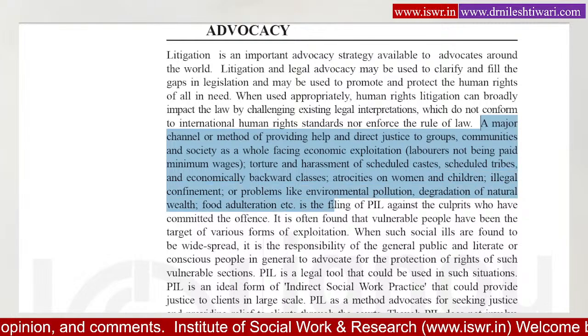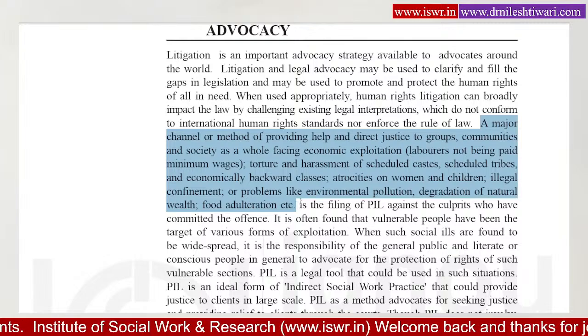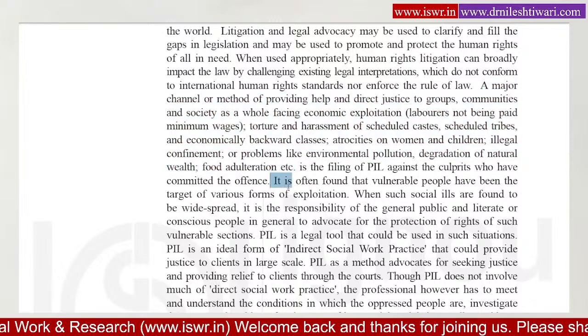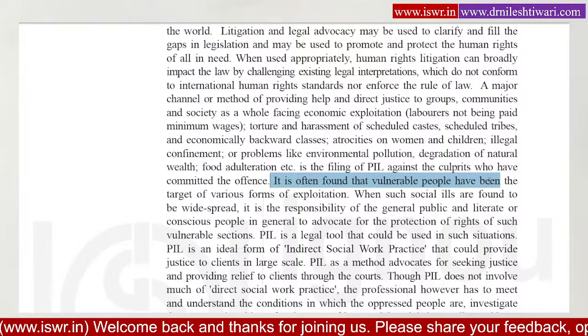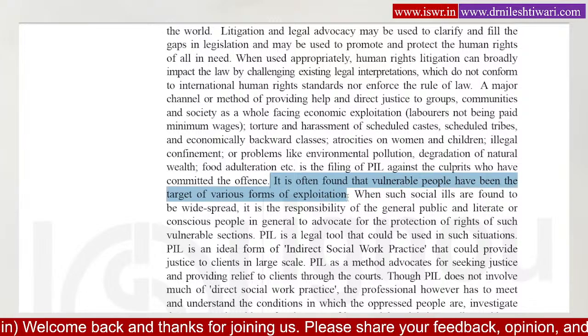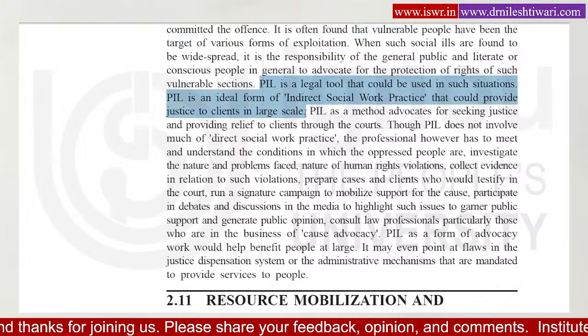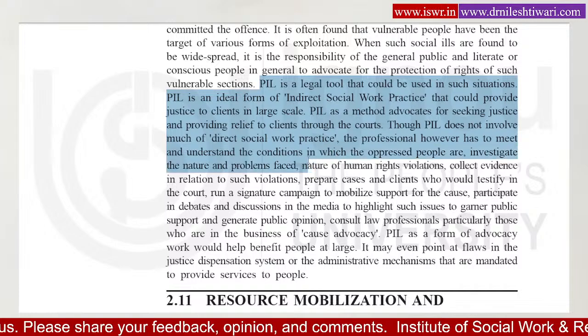So these are some of the cases where PIL can be filed in the court, right? So it is often found that vulnerable people or populations have been the target of various forms of exploitation. Now, what is PIL? This is the PIL which has been mentioned here. So we need to understand this one.